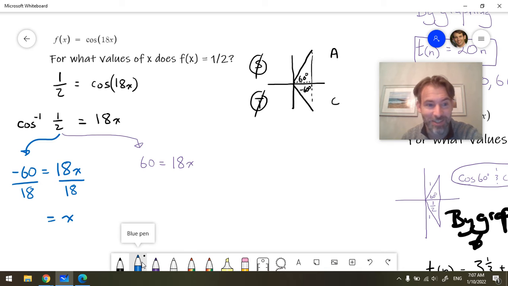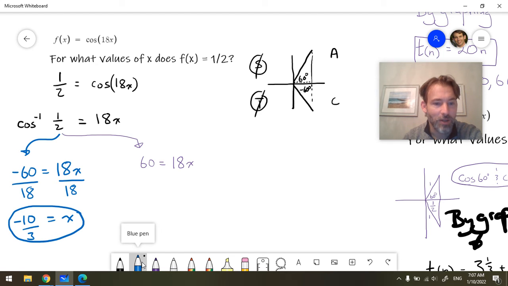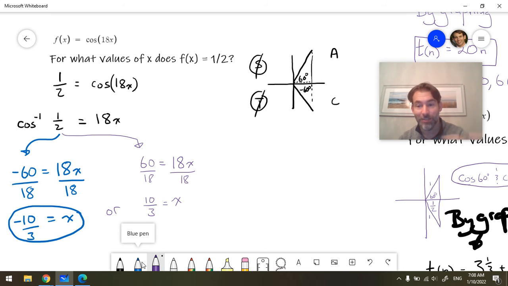So let's take the factor 6 out, and I have negative 10 over 3. There's one solution. Or this one, divide both sides by 18, and you get positive 10 over 3 equals x. It's just the positive of that. All right, so there we go.